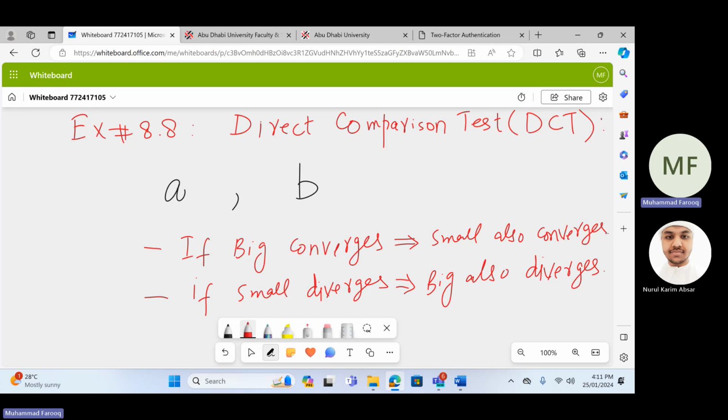So if you have only these two situations in your question, then you can answer and decide converge or diverge. Otherwise, if you have any other third situation which is not covered here, this test does not tell you anything about them. We call it mathematically inconclusive.